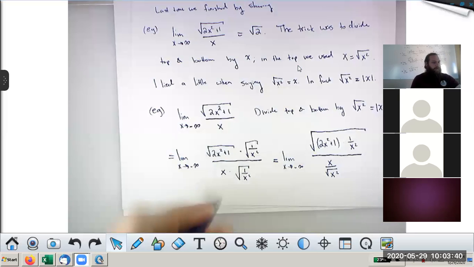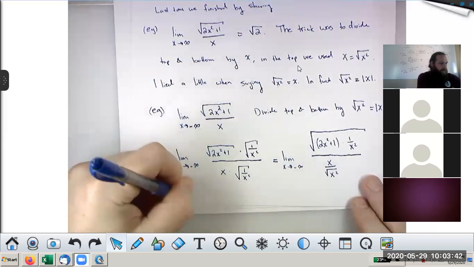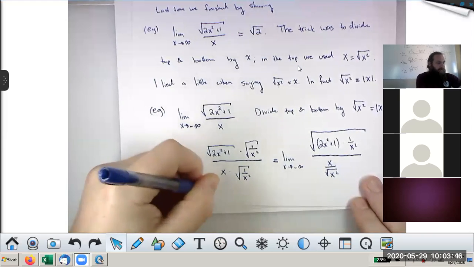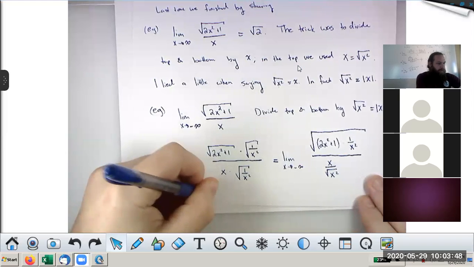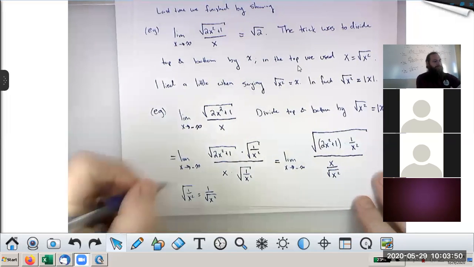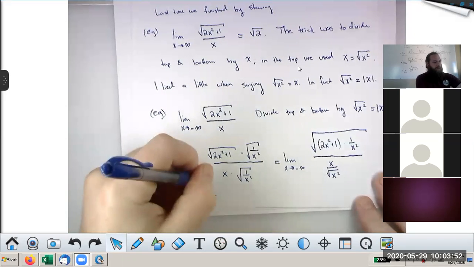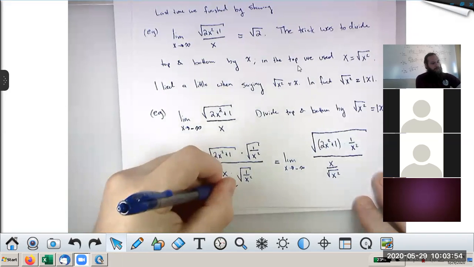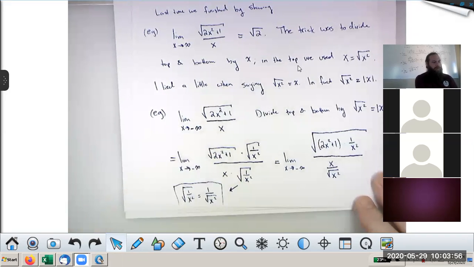So this piece is really the same as, and there's no funny business here, this piece is really the same as that. And so when I multiply these two things downstairs, I'll get x times 1 over the square root of x squared.